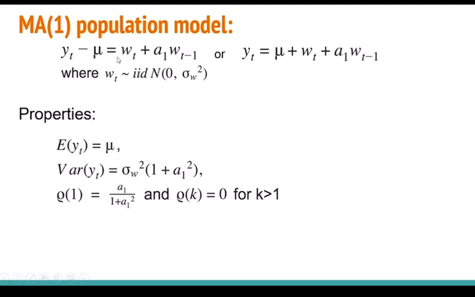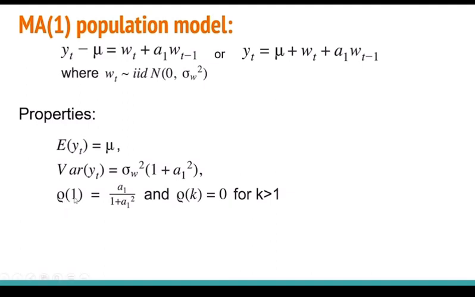So if you're given the moving average model of order 1 and you want to figure out the variance, this is the formula you're going to use. When you take a look at this formula, you're going to see sigma square w is just going to be the variance of the noise, and of course a1 square is just going to take the a1 here, which is more or less the slope, the contribution of the past residual on the response.